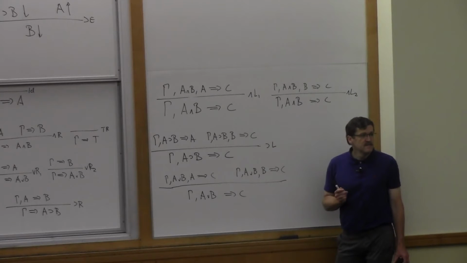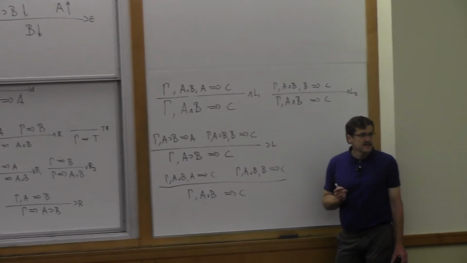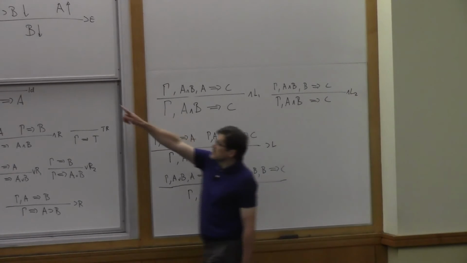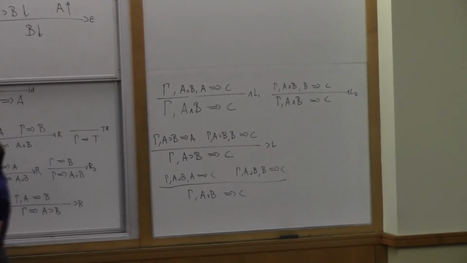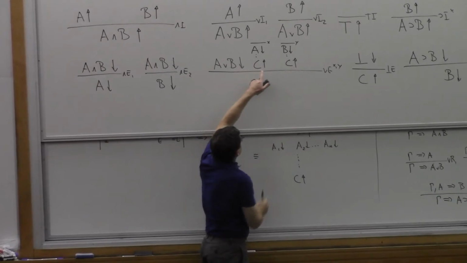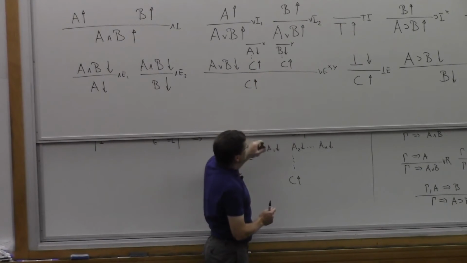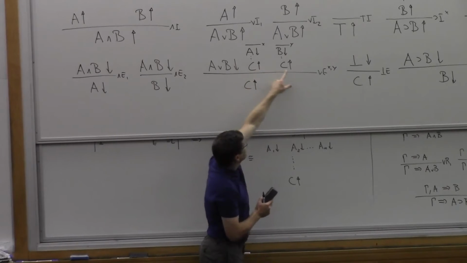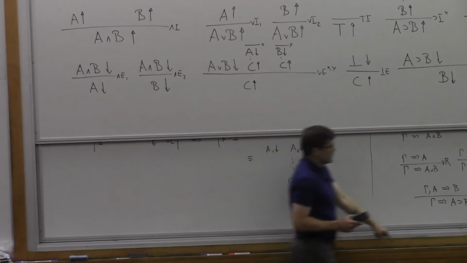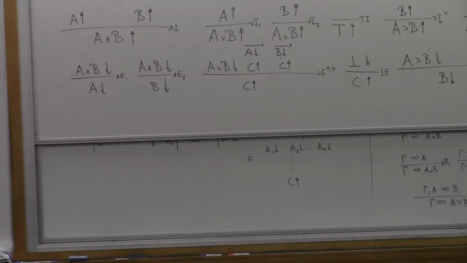Make sense? By cases. It's the same thing I did in natural deduction, right? If I know A or B, I can use that, I break it down into that proof of C and that proof of C, and then together it constructs the proof of C. So the three occurrences of C here are the three occurrences of C here.